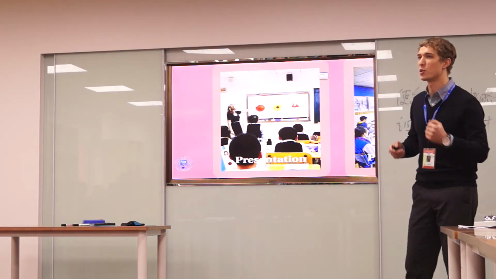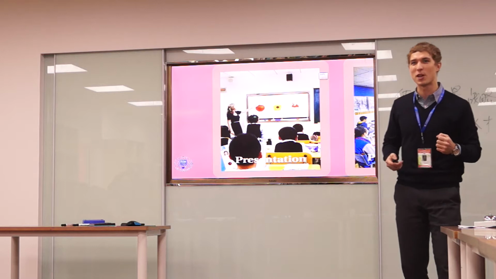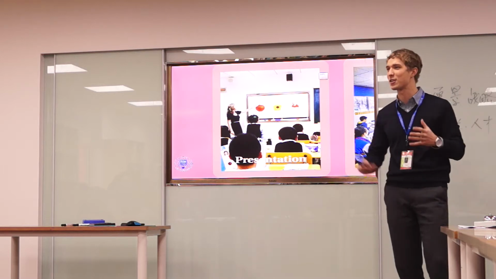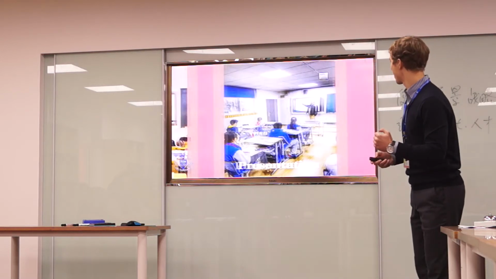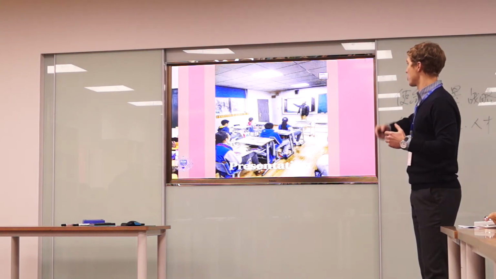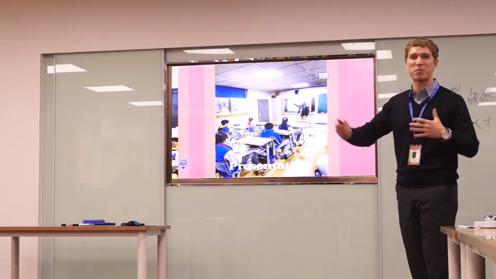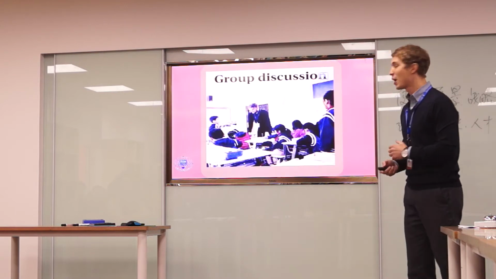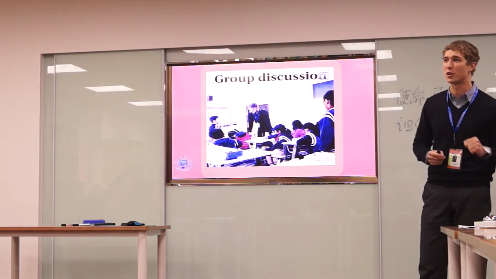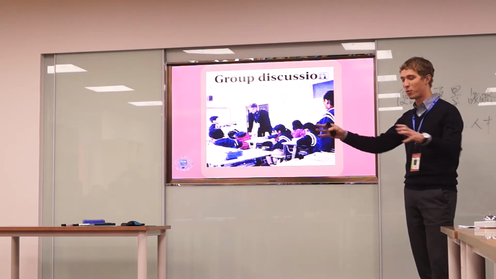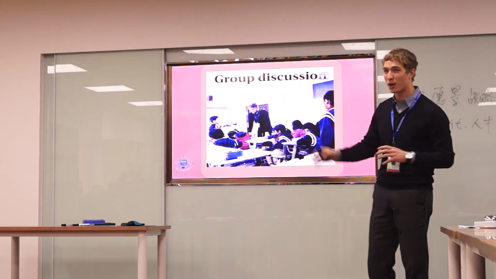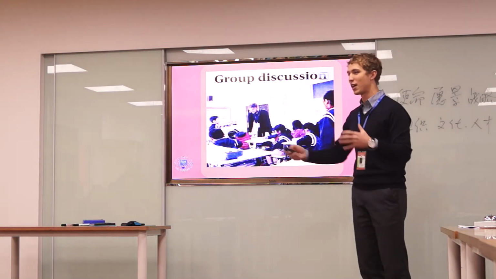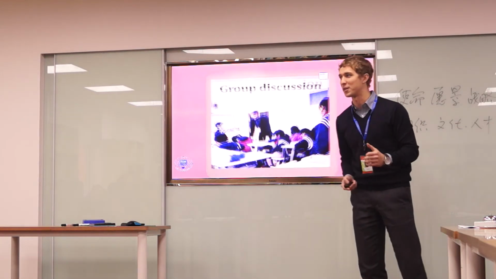While presenting, we try to use a lot of visual aids, a lot of things to show the kids to grasp their attention. Second, we use a lot of gestures to attract students' attention, especially primary school students. On top of that, we encourage students to talk to each other during group discussions, when we put students in small groups and let them talk to each other using their language while communicating with their friends.